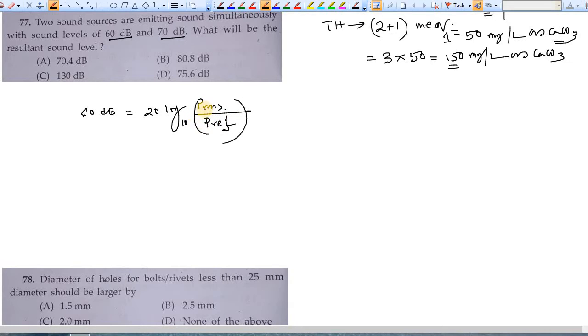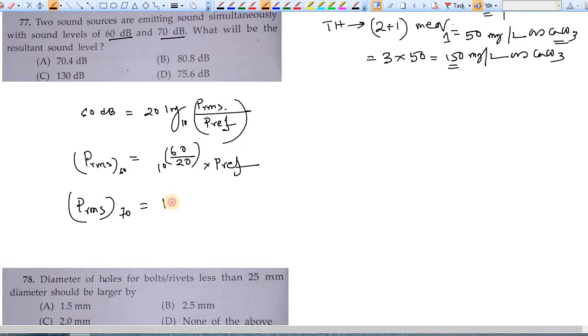From here you can calculate that the root mean square pressure for 60 decibel is 10 to the power 60 divided by 20 times P reference. Similarly, PRMS for 70 decibel is 10 to the power 70 divided by 20 times P reference.